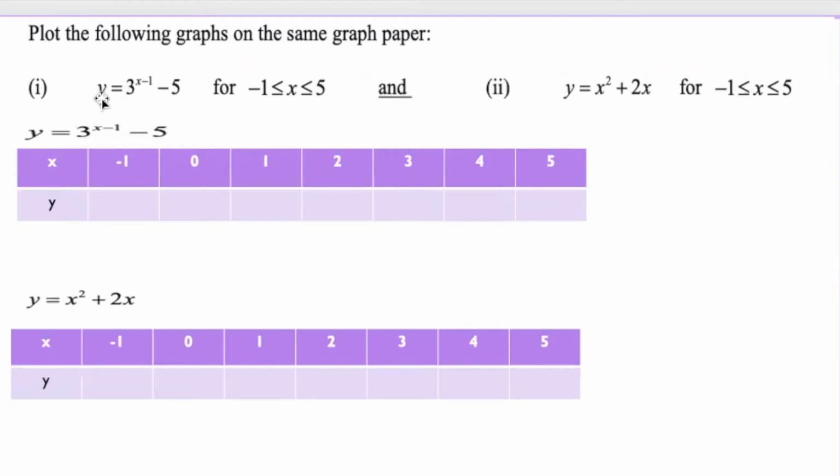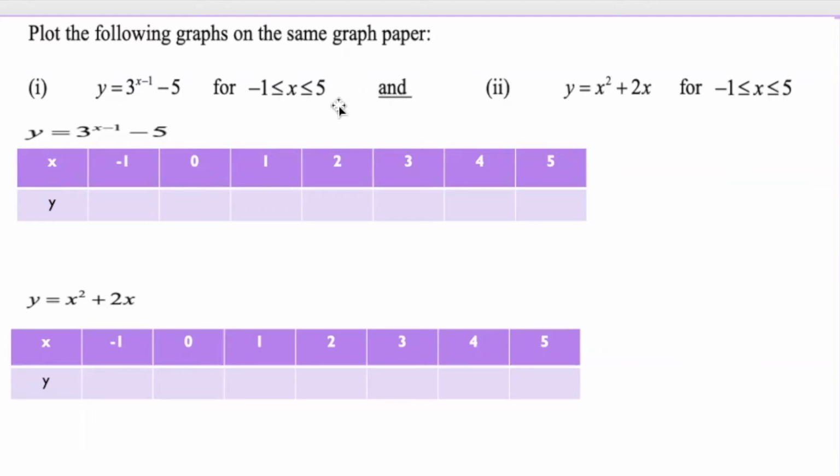Part 1 has y equals 3 to the x minus 1, minus 5, for x greater than or equal to -1 but less than or equal to 5. And the next one is y equals x squared plus 2x, for x greater than or equal to -1 but less than or equal to 5.